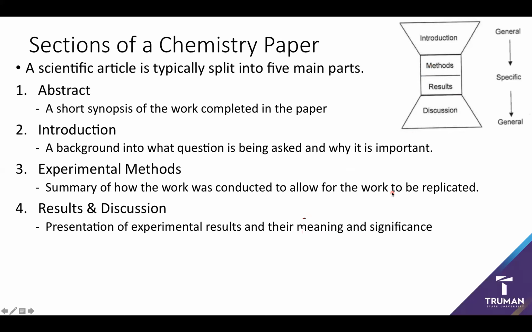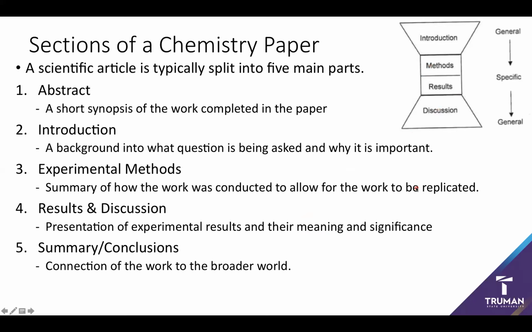So what you often need to do, usually towards the end of your discussion but into your summary and conclusions, is back out and make a connection to the greater world that you originally started with in your introduction. So once we get to summary and conclusions, you're going to quickly summarize what your findings were, but often much more important is why they matter and what their implications are. So this is essentially the general structure of the paper.